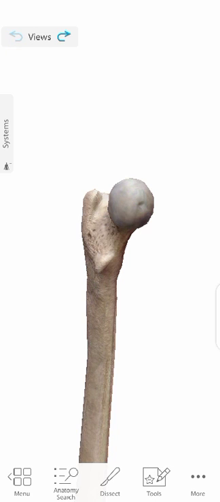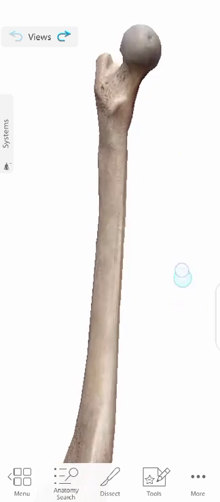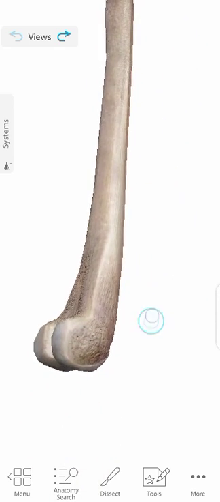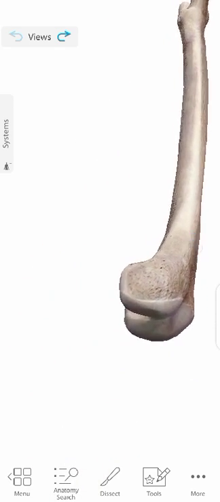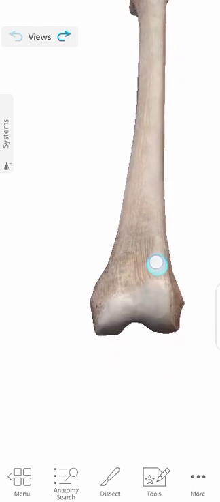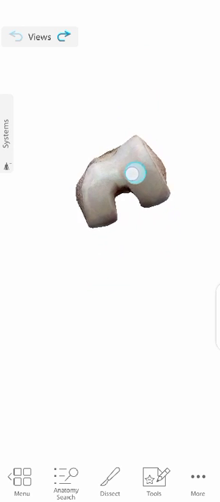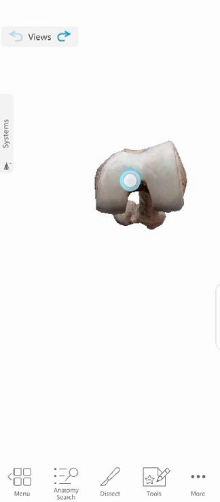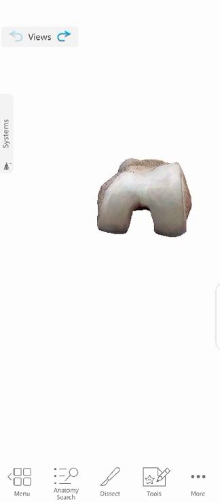Now, getting away from the elevations, we are going to look at the condyle. A condyle is basically an articular surface. The bone we have here is the femur, and this is the part of the femur that articulates with the tibia. It's called the femoral condyle, and this is the medial condyle.